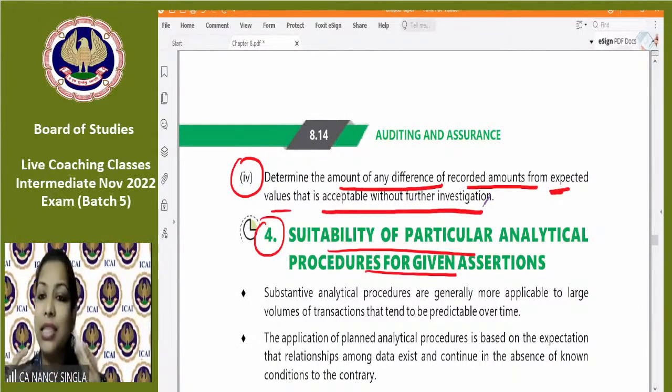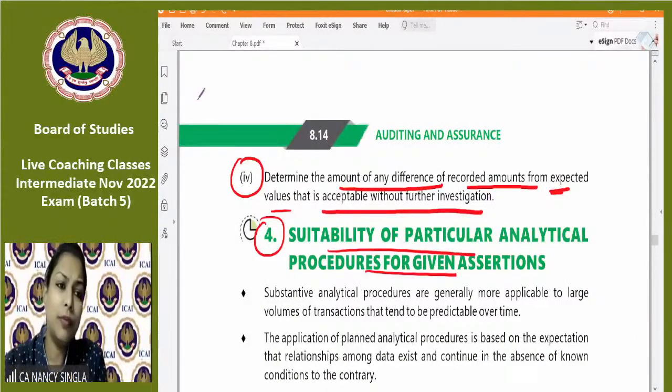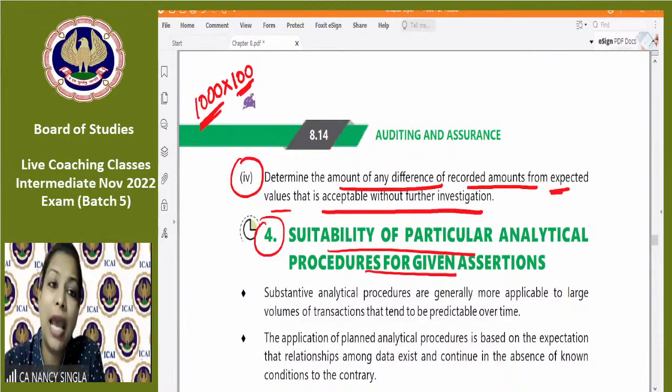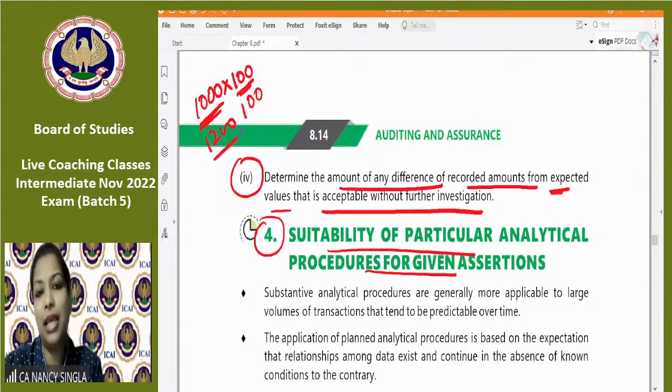कि चलो मैंने reasonableness test decide किया है, तो I have, based on my calculation, let's say that 100 employees are there who are getting rupees 1000 salary, ठीक है, per year, and 100 employees are there who are getting rupees 1200 as salary.